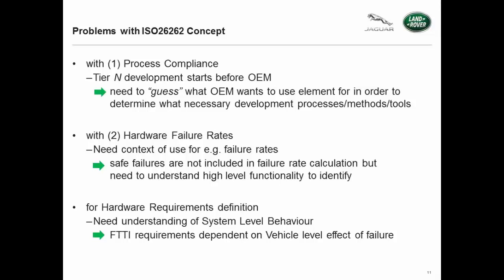In order to calculate or know what a safe failure is, or what failures I need to worry about, I need to have the concept again, because the failure rate calculation obviously doesn't include the safe failures, but I only know in the context of the bigger picture of the system what safe failures are going to be, and the same for hardware requirements.